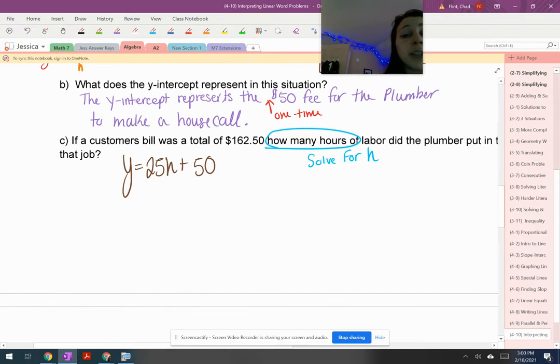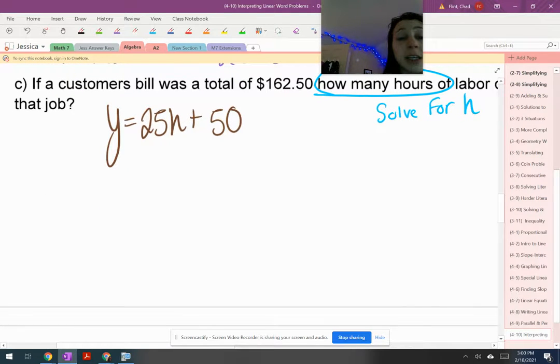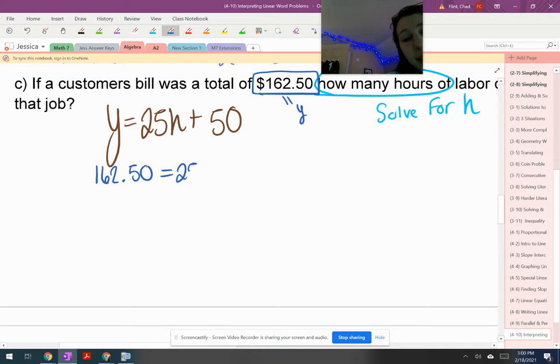We're solving for h, which means we don't want to plug something in for that, which means this 162 is going in for my y value. So 162.50 is equal to 25h plus 50.